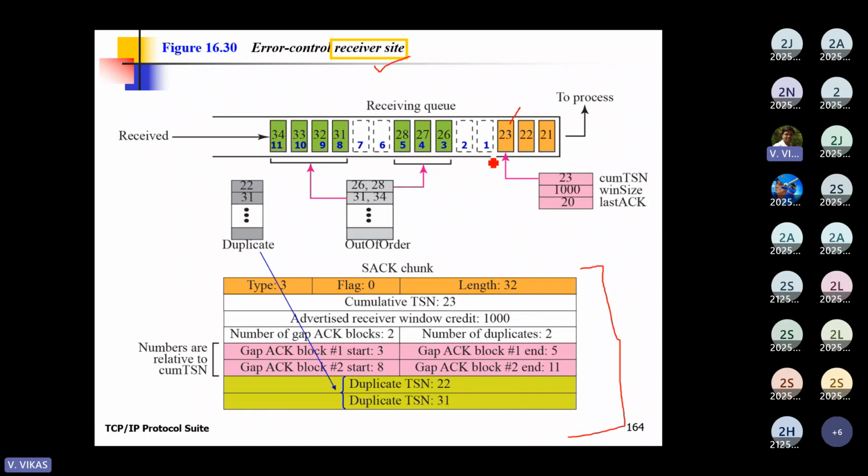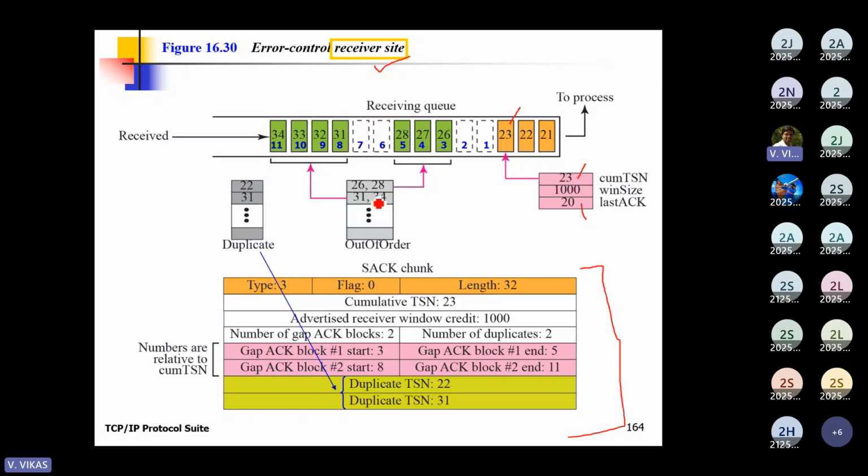So what we are doing is we set the cumulative TSN point to the TSN number till which we have received without any issue, right? So we are talking about that one here. Cumulative TSN is 23. Then the window size we are saying is 1000, and we have provided the last acknowledgement till 20.